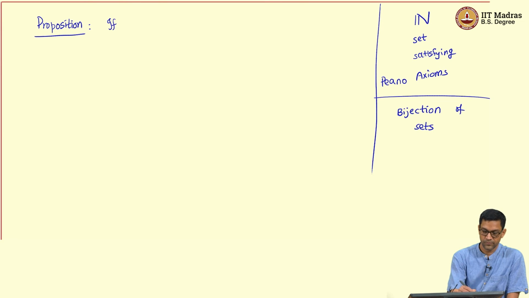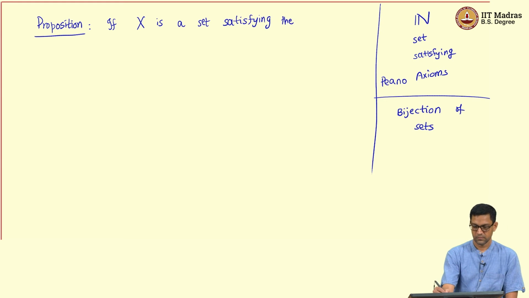So, if X is a set which satisfies the Peano axioms, okay, what does that mean? I will just say it briefly here.